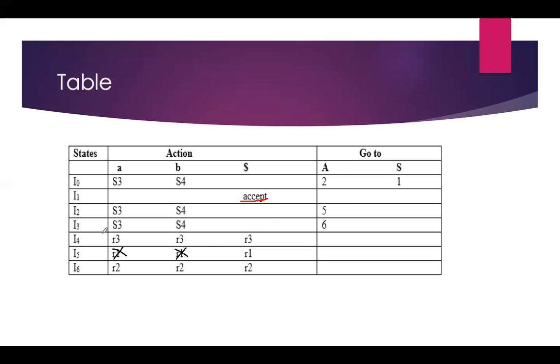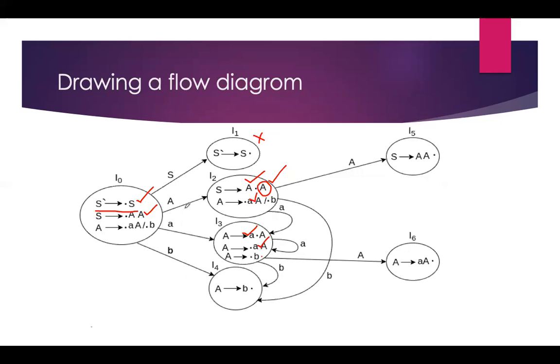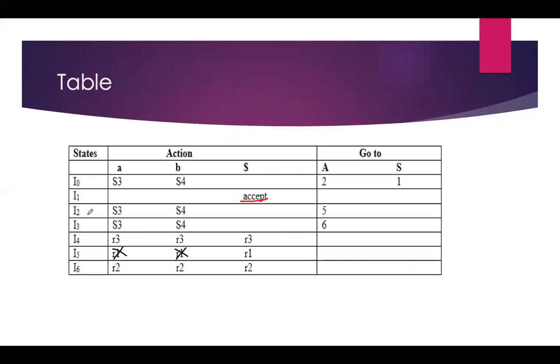Under I2 small b, we are moving to I4 state. Here I have written S4. And one more thing, in I2, we are also moving under the small letter a to I3, so here we need to write S3. And I2 state also completed.